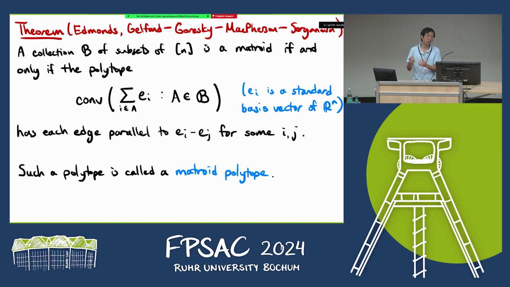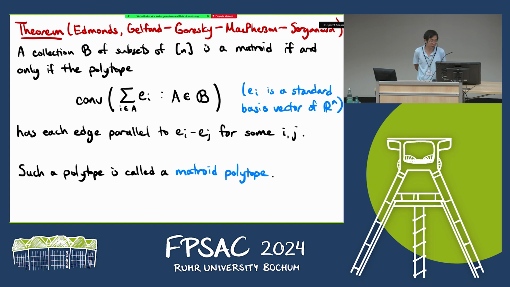So you take a basis and you sum all the standard basis vectors corresponding to that basis. This gives you a polytope, and it's a matroid if and only if this polytope has every edge parallel to e_i minus e_j for some i and j. This is called the matroid polytope.